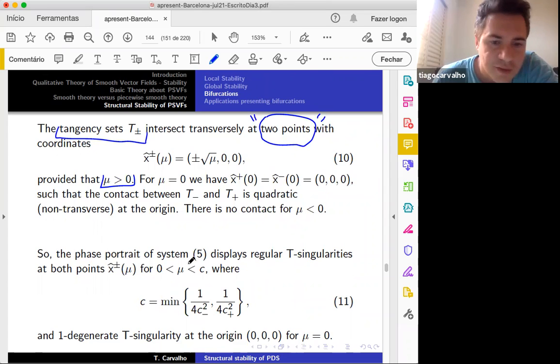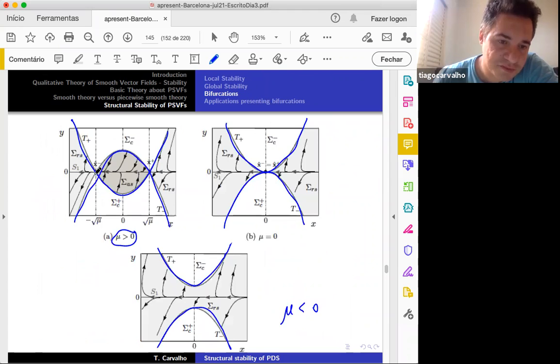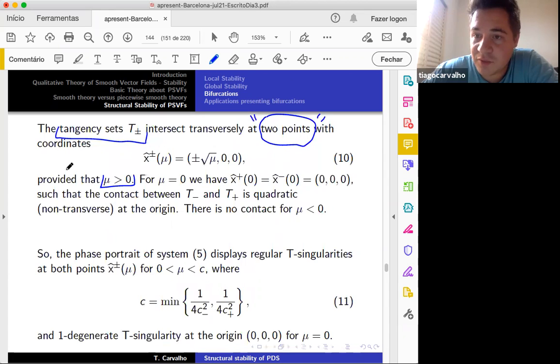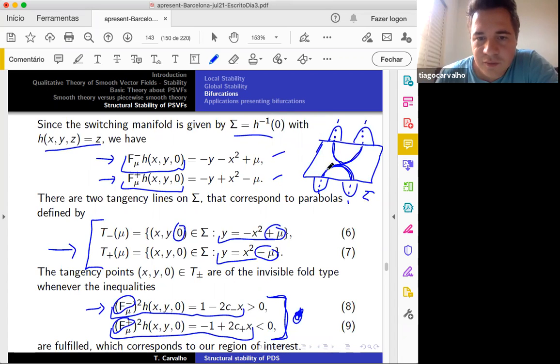So let's go. When we have this transversal intersection, when m is positive, the intersections of these two curves happen in Teixeira singularities, because all tangent points here at these curves are invisible for both vector fields.